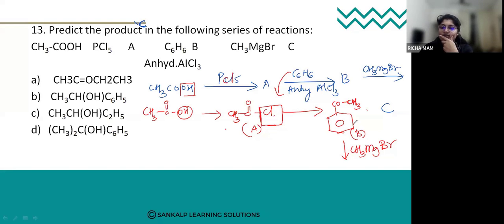At the carbonyl carbon the attack will take place, and what I am going to get is benzene, then C, OH, CH3 and CH3. So this is your product C, C6H5C(OH)(CH3)2. So option D is the answer.